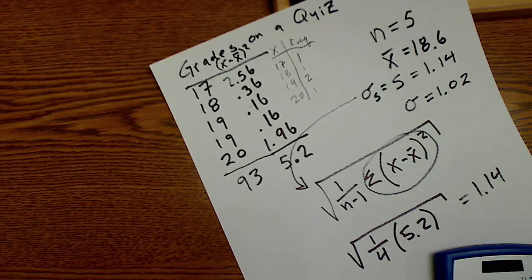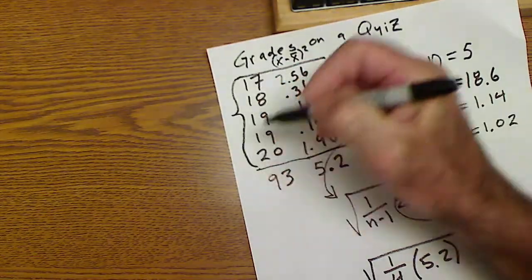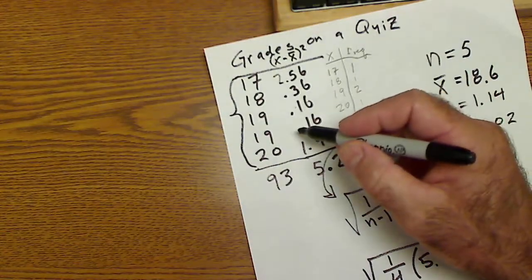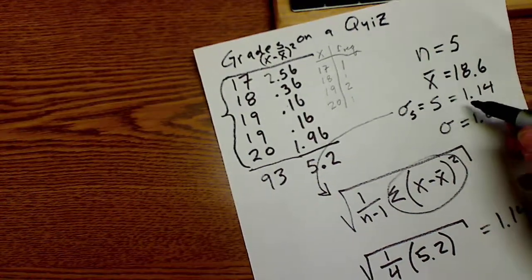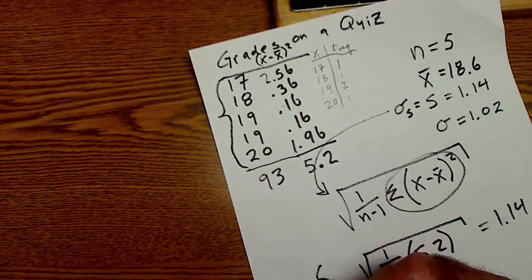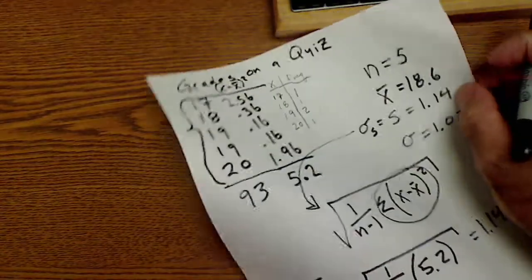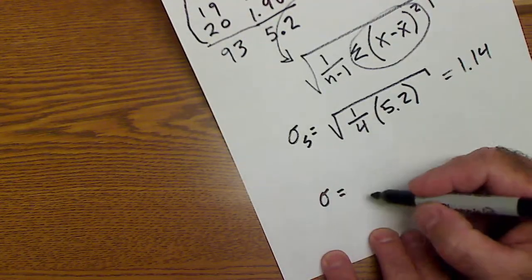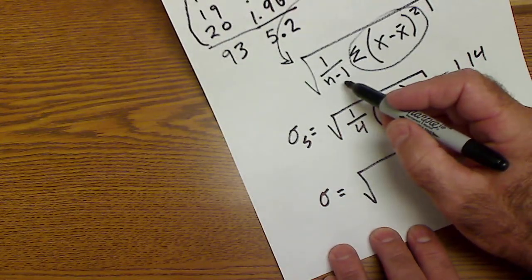Okay. Last thing I just wanted to mention, let's say I only have 5 people in class, and these are all of my scores. So I'm doing whole population stats now instead of sample stats. If I were in fact doing standard deviation of the whole population, everything's the same, except I do not divide by n minus 1.